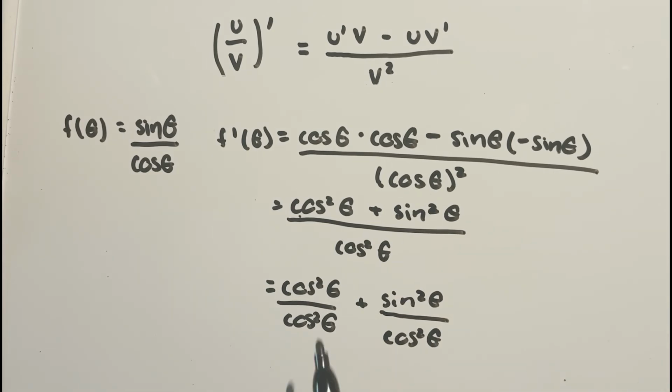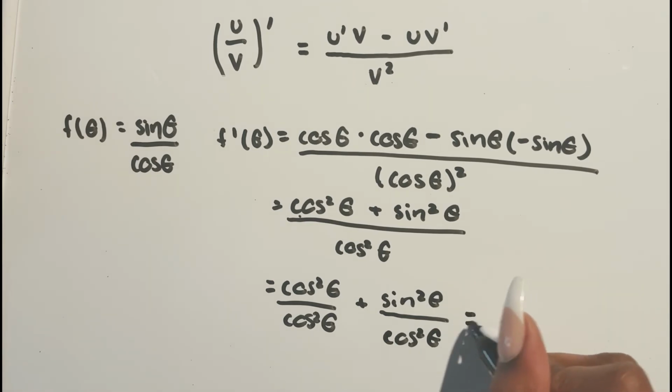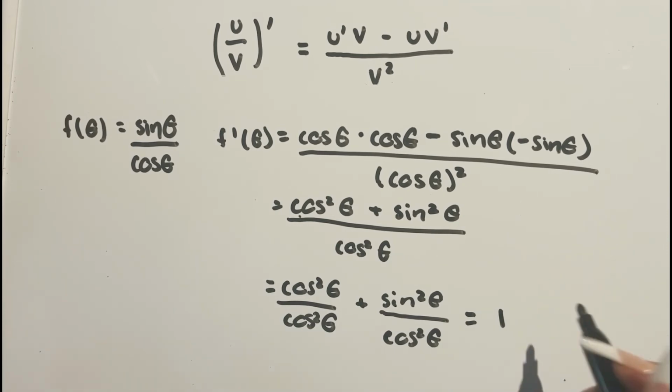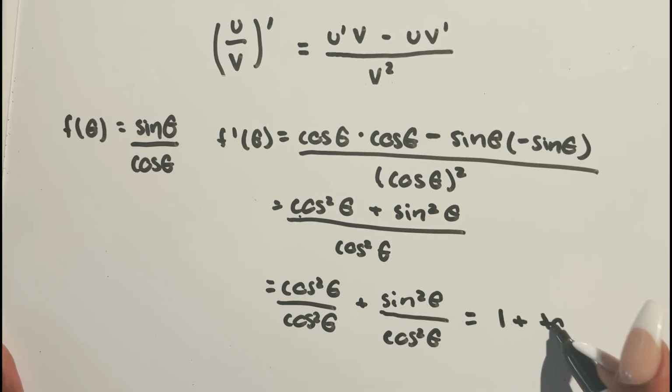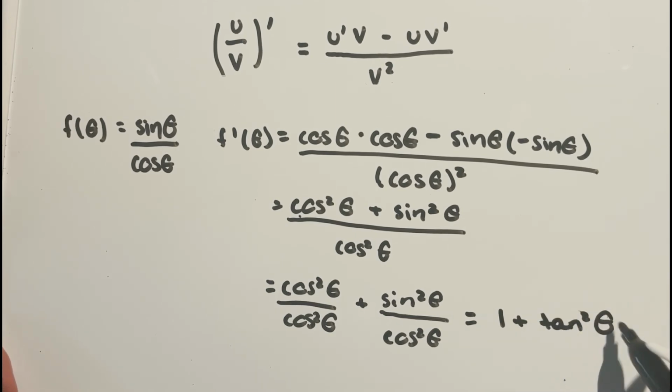We know that cosine squared of theta over cosine squared of theta equals 1. And then using our trig identities, we know that sine squared of theta over cosine squared of theta equals tan squared of theta.